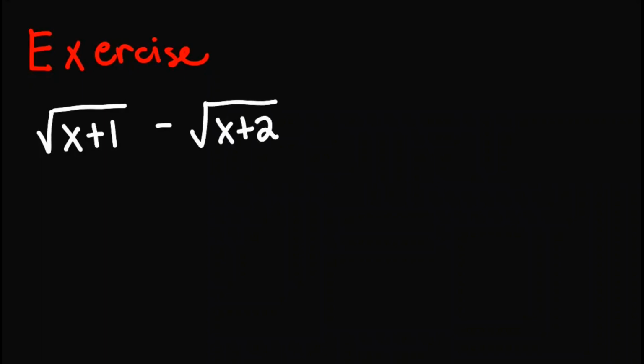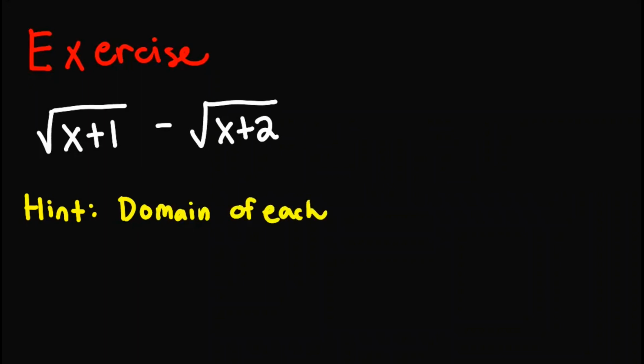So this might seem challenging at first, but as a hint, what you'll do is you'll get the domain of each radical expression out here. So you'll get the domain of this one, the domain of this two. Then after getting their domains, you'll get the intersection of the domains.